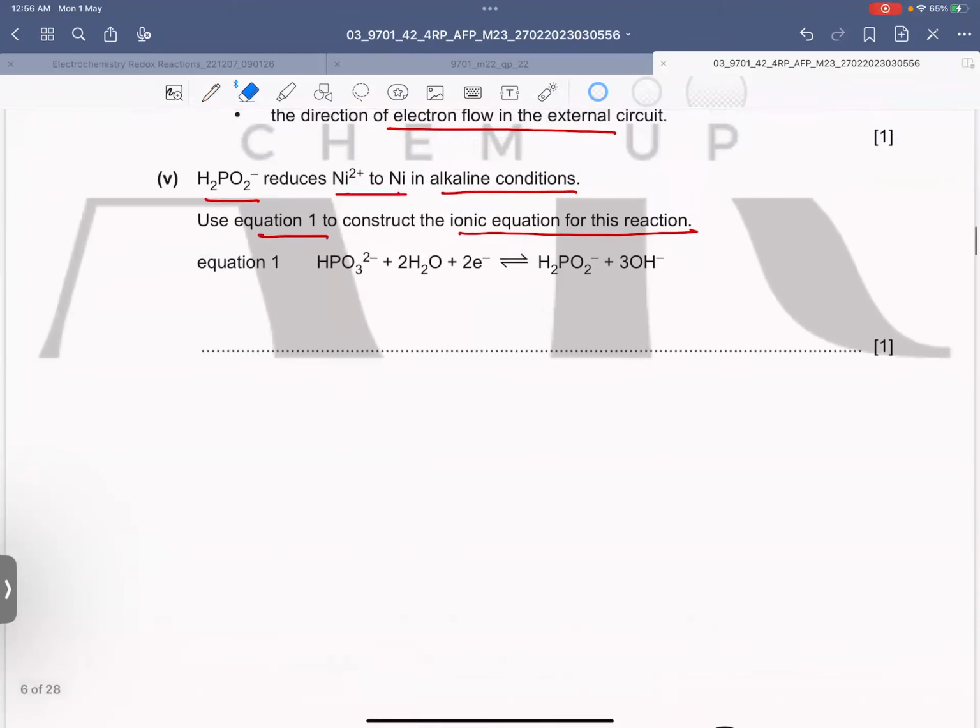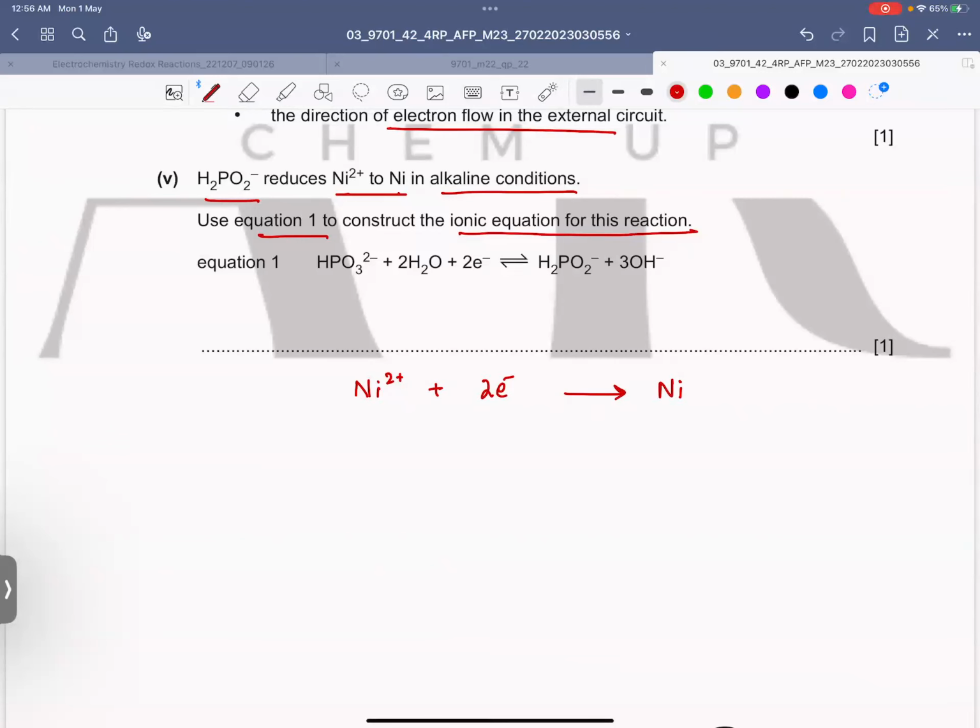Let me write over here that they are saying that nickel 2 positive ions are turning into nickel, which means here the oxidation number is 0, which means 2 electrons are gained. Is this clear?